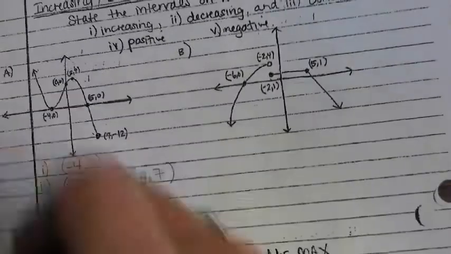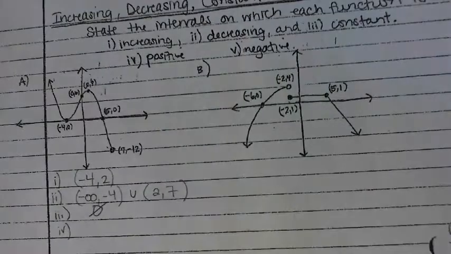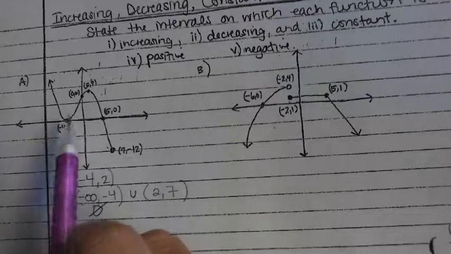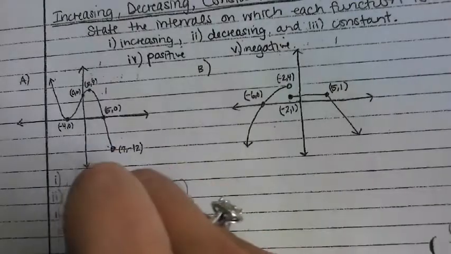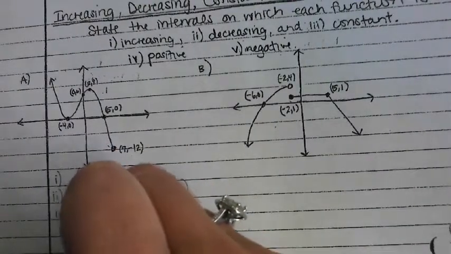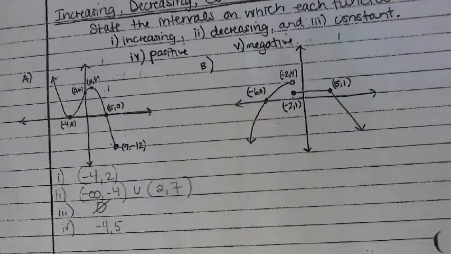How about positive? Along what interval or intervals is this function positive, Marissa? -4 to 5. She's correct. Talk to me about brackets or parentheses.